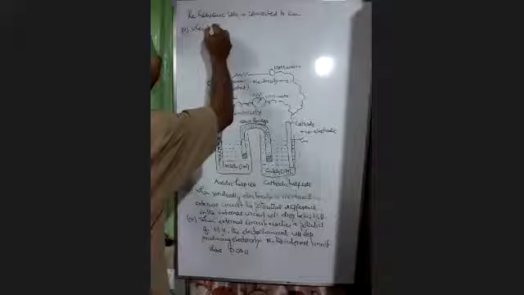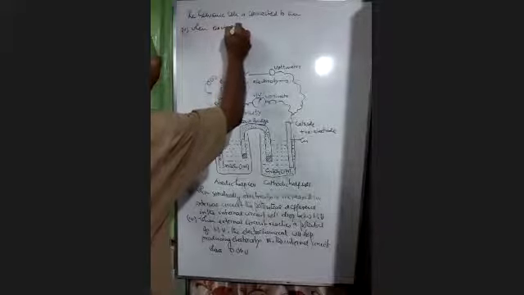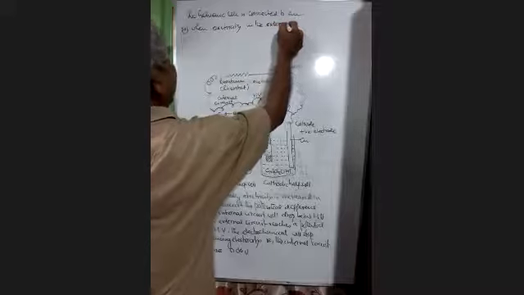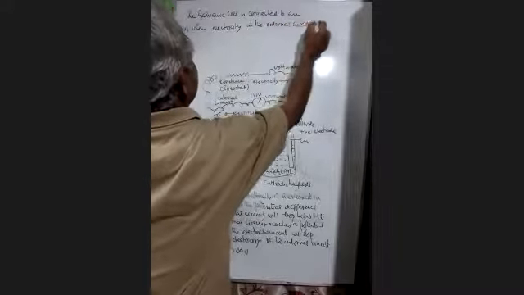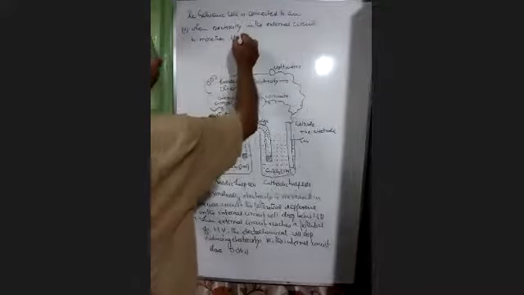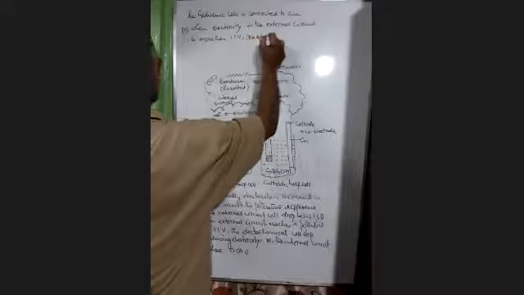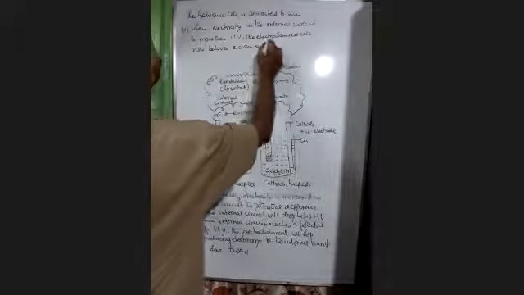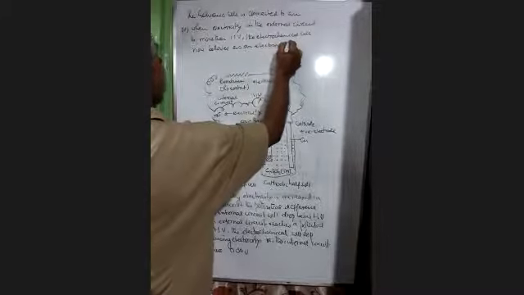When electricity in the external circuit is more than 1.1 volt, the electrochemical cell now behaves as an electrolytic cell.